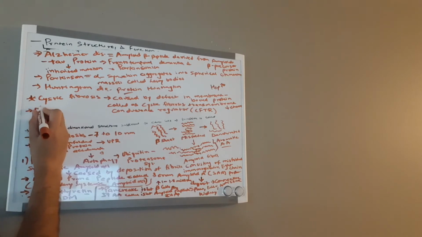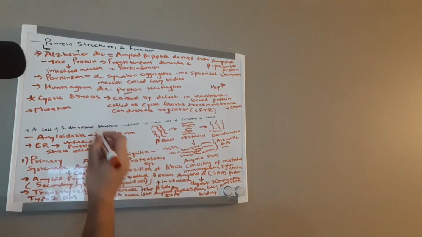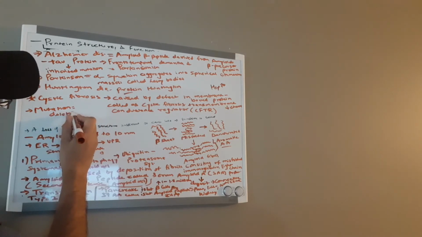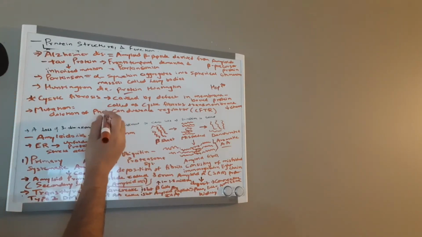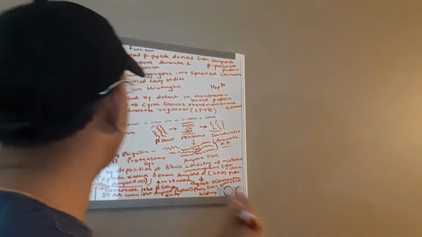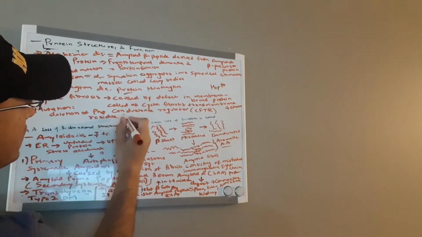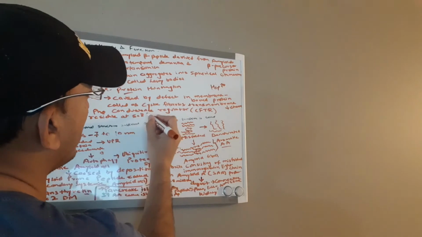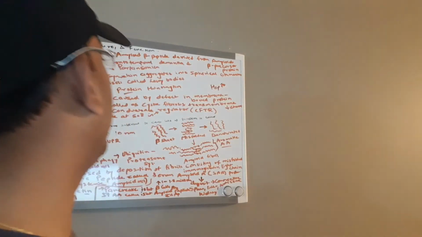In that mutation, there is a deletion of PHE, the phenylalanine amino acid residue at position 508 in this CFTR, which causes improper protein folding.